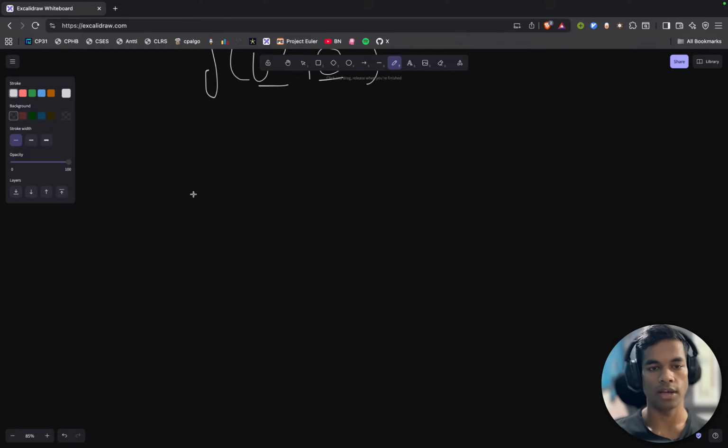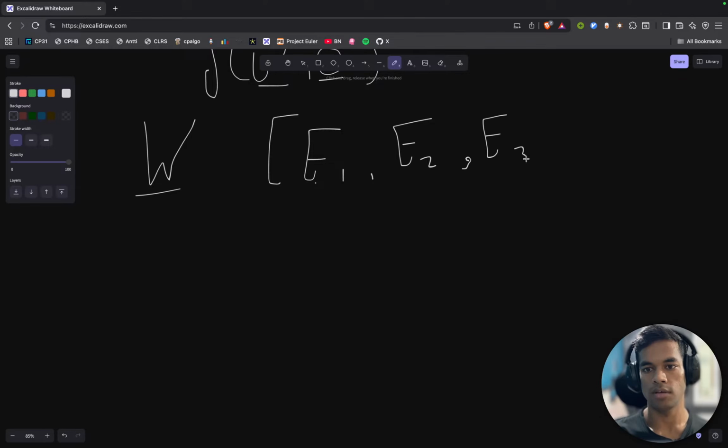Okay, so yes, in a knapsack problem, we have been given a weight and a set of elements, let's say E1, E2, E3, E4, for example. So for a subproblem, what we want the answer for is F(W), and let's call this whole set X.